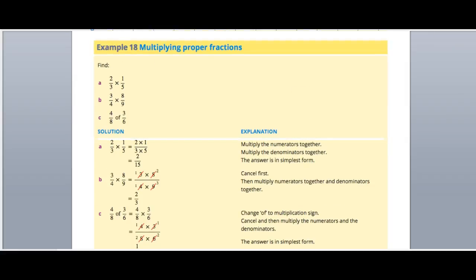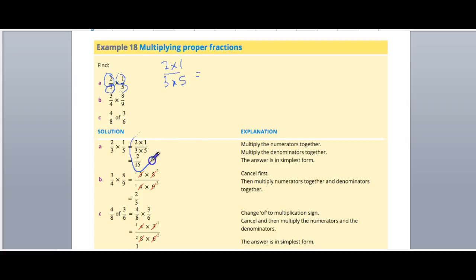Now, multiplying is easier in a sense than addition and subtraction, and the reason for that is because when we multiply fractions, it's multiplying the top numbers. So we do 2 times 1, and then you multiply the bottom numbers, 3 and 5.